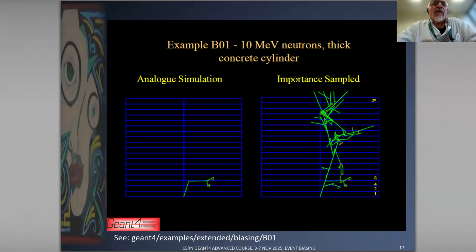You can guess that it will be very difficult for neutrons to reach the other side of the shield. When you apply the biasing, you activate this artificial splitting on the boundaries, and you have this kind of strange shower, which is shown here. You see that very easily you will have statistics going through the entire volume, and so you will be able to estimate the flux of neutrons crossing this volume. So next slide.